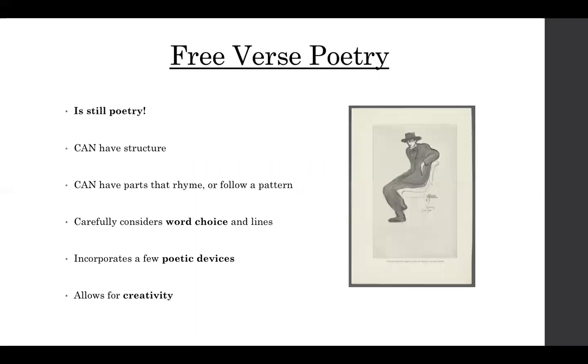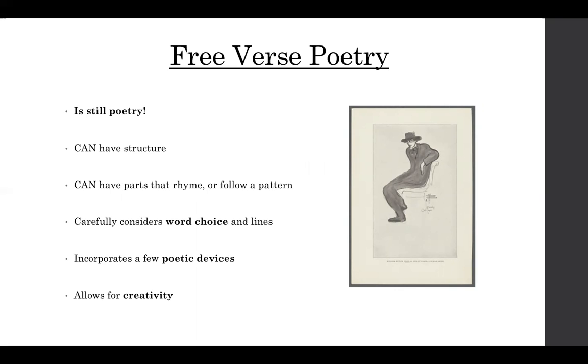However, it's important to remember that free verse poetry is still poetry. It's not a random set of words. It can have structure if the poet decides that they want it to have structure. It can have parts that rhyme if that's what the poet wants. It should have carefully considered word choice, and it should incorporate one or more poetic devices.